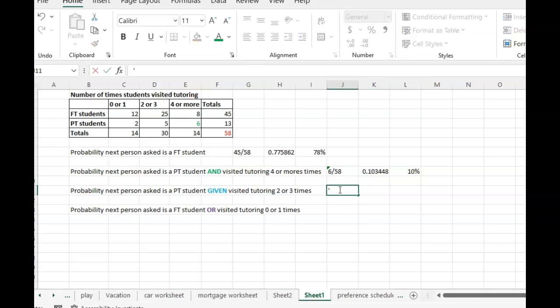So we have 5 divided by 30 is the math that we need to do. And we just do equal 5 divided by 30, and we end up with 0.17 if we round to 2 decimal places, which is 17%. I'm going to change the color of this also.